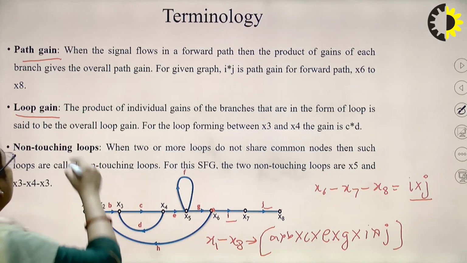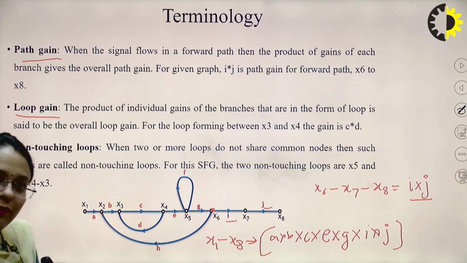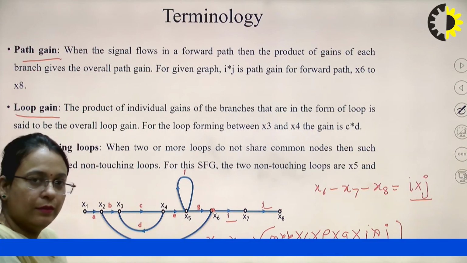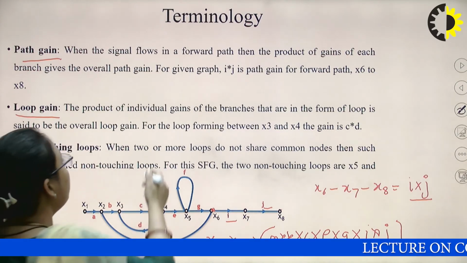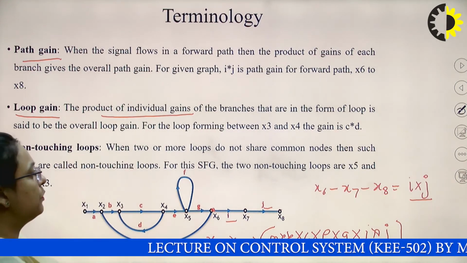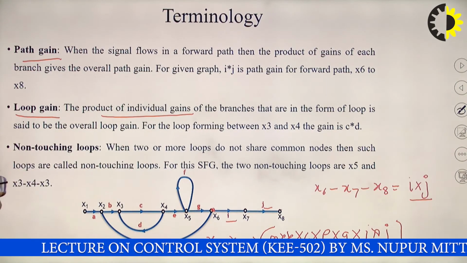Now, if we talk about the loop gain, so loop gain will be the gain formed by the particular loop. Okay. So, the product of individual gains of the branches that are in the form of loops is said to be the overall loop gain. Okay.